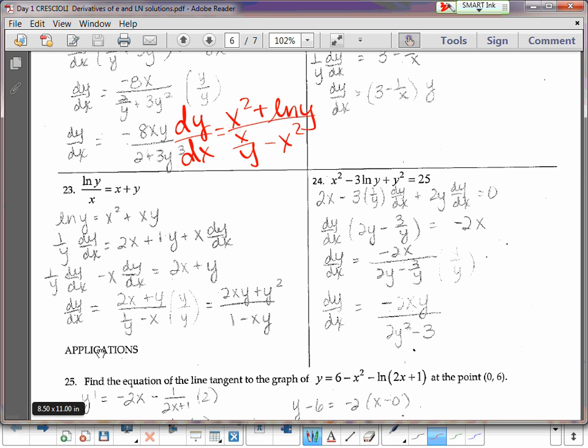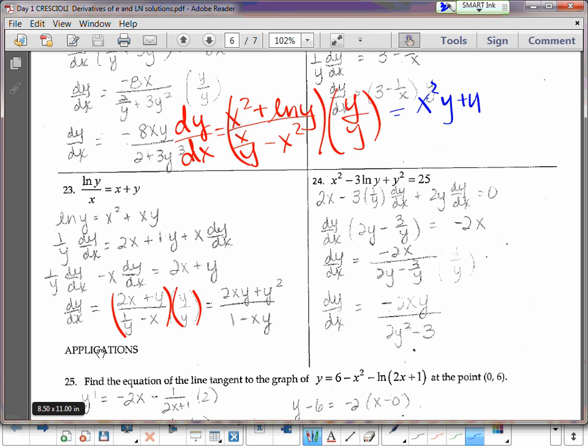Earlier, we talked about a much quicker way, which is just multiplying by that denominator that's causing you issues. So same thing up here, I'm going to multiply by that denominator of y over y. And we end up with x squared y plus y natural log of y over x minus x squared y. So if you did quotient rule, you would have gotten this.